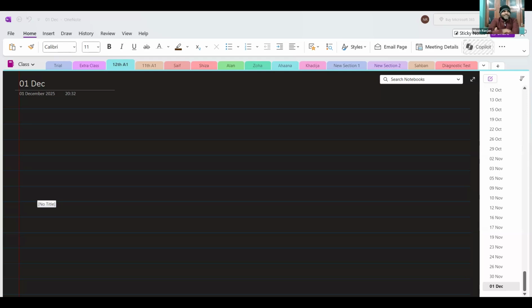Okay. But when you delay the solving part, it means you're delaying the revision part and you will forget some of the part we have discussed in the class. So it will make it difficult to solve the question.